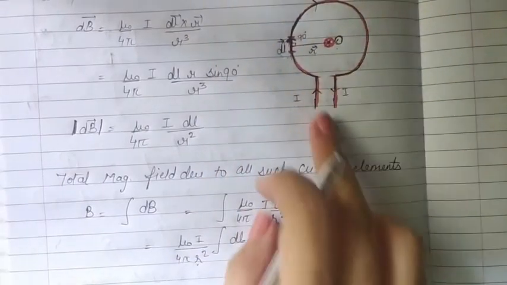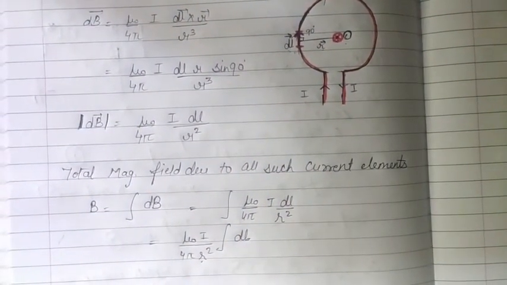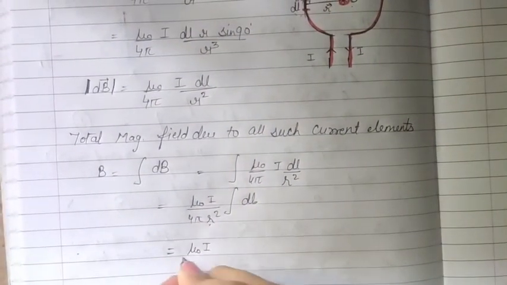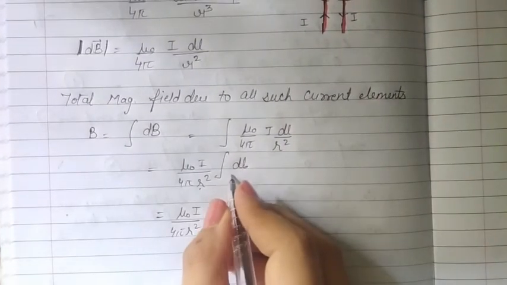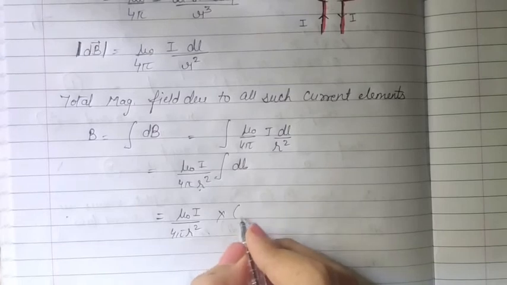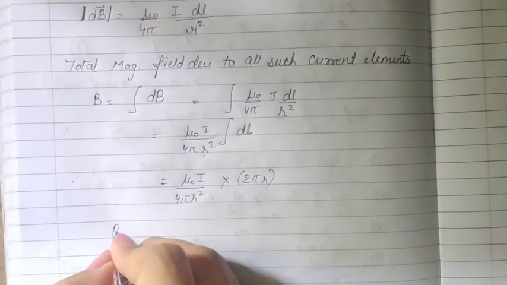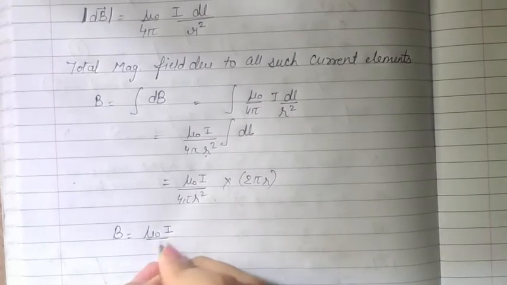That means the total length of the loop, and the total length of the loop is equivalent to its circumference, so we can write it as mu naught I upon 4 pi r square, and integral of dl will be the value of circumference, that is 2 pi r. On solving this we find B is equal to mu naught I upon 2 r.